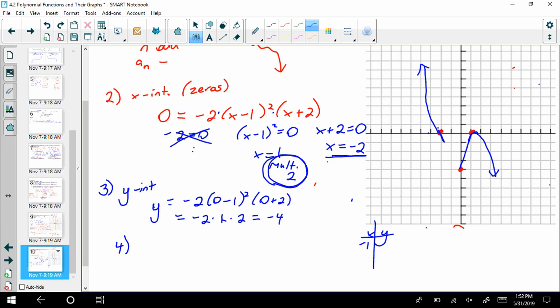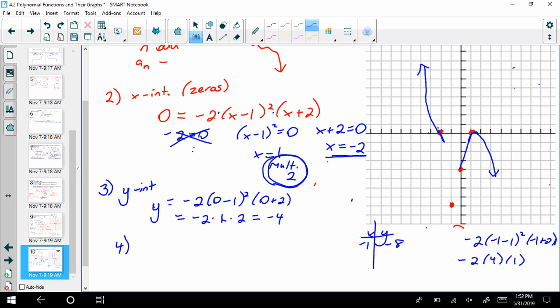Well, if you plug -1 into the function, -2, so -1 minus 1 is -2 squared is 4. -1 plus 2 is 1. I get -8 out. I'm going to go ahead and plot -1, -8.